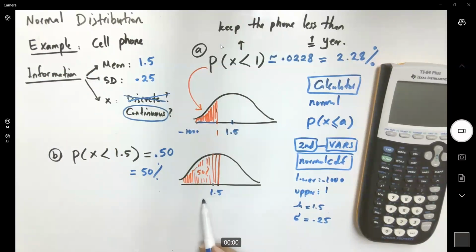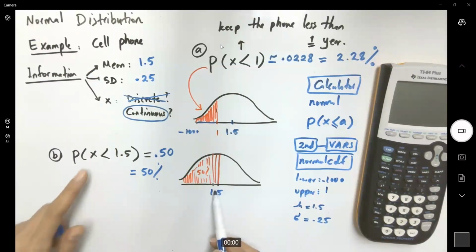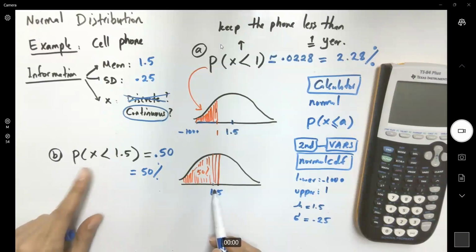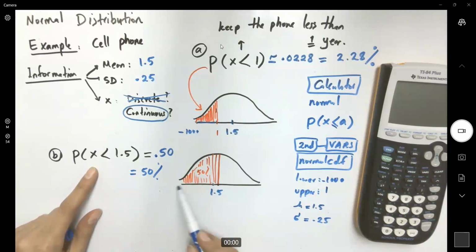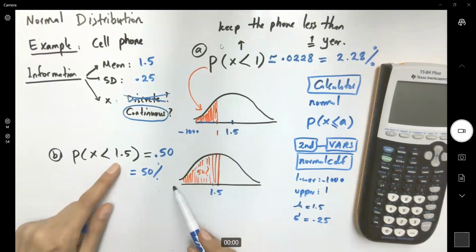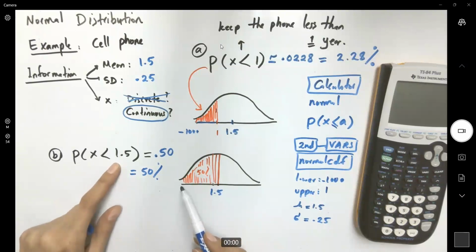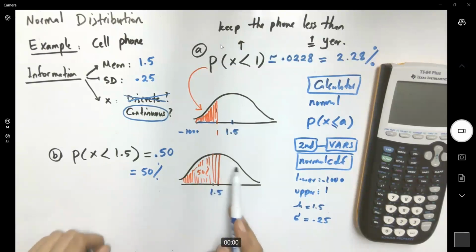It means that the probability that you randomly select a person and that person keeps the cell phone for less than 1.5 years is 50%. It means that after 1.5 years, a year and a half, that person might end up buying a new cell phone or keep that cell phone. Let's take a look at another example.